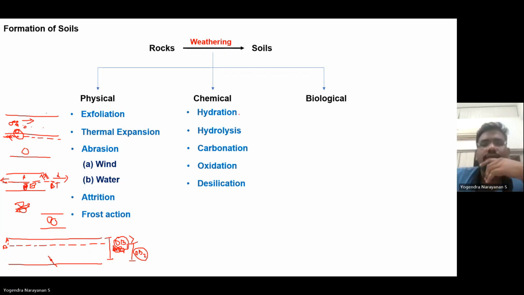Hydration and hydrolysis, as the name suggests, involve water, but there is a significant difference between the two processes. Hydration involves direct addition of H2O.